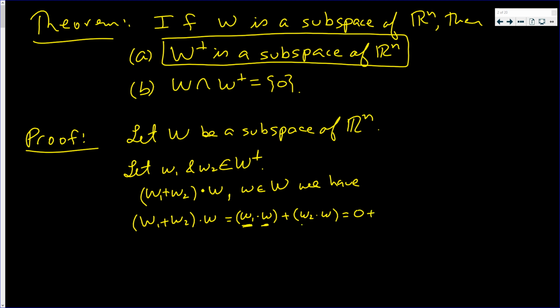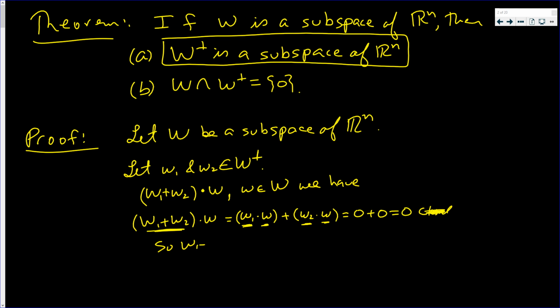Plus, if I dot W2, something in W perpendicular, with something in W, I'm supposed to get 0. So it's closed. That is, the sum is also in, so let's write this down.